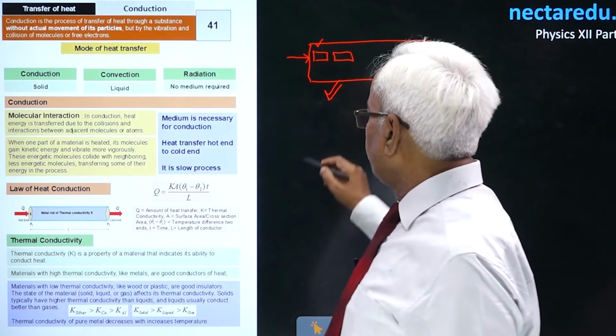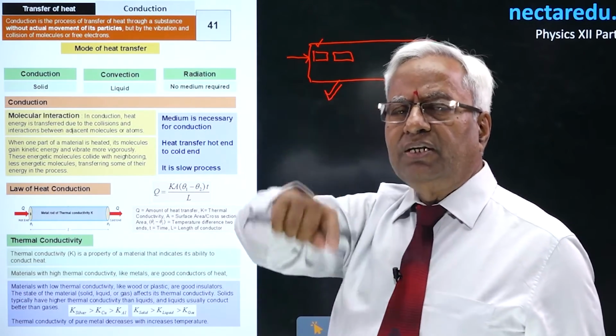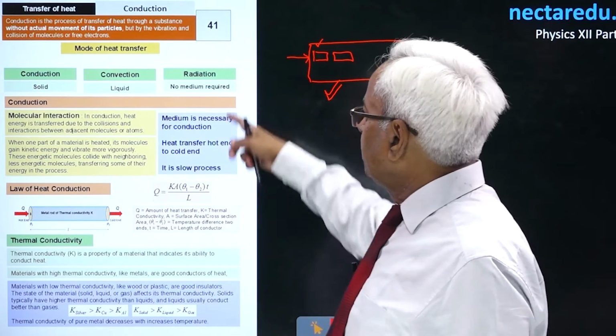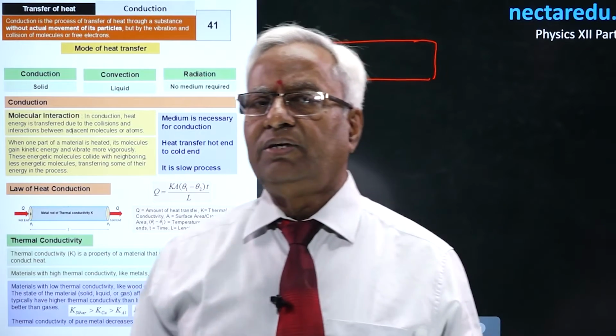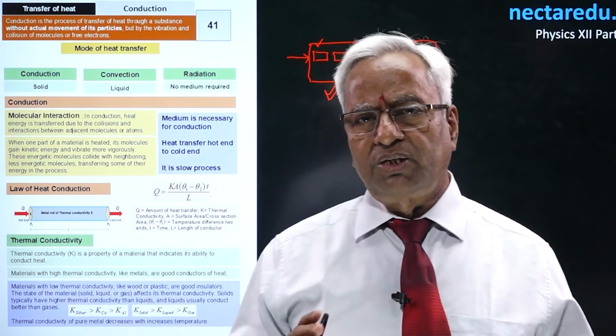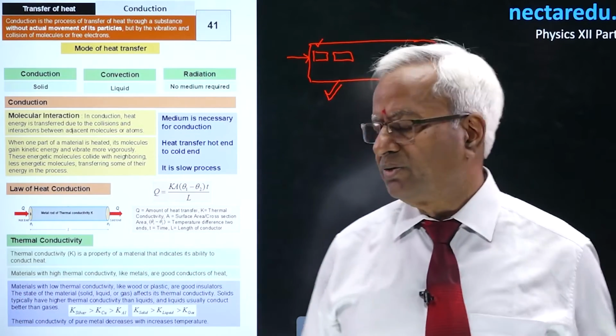And there also, when we follow the process of convection, we'll see the material takes part. In radiation, there is no effective role of the material, or no role or significance of the molecular interaction.